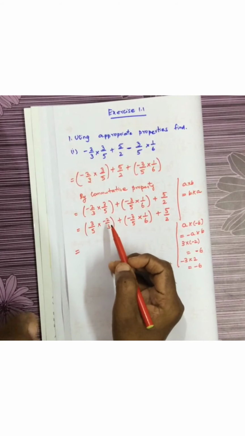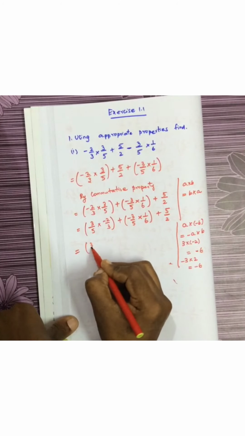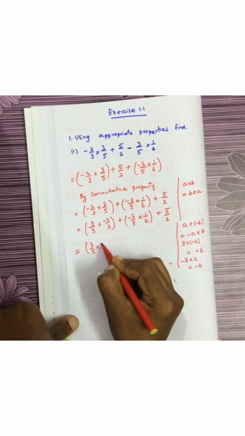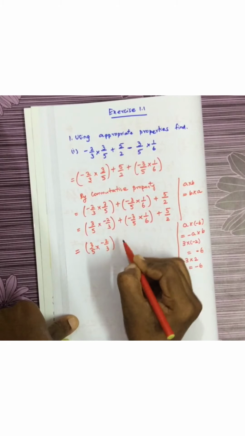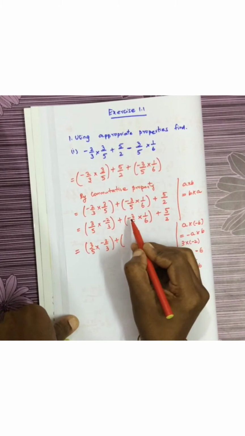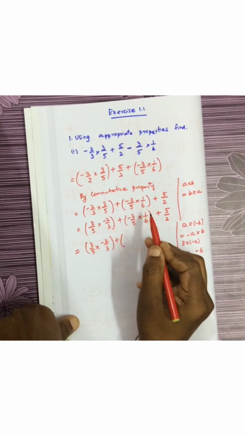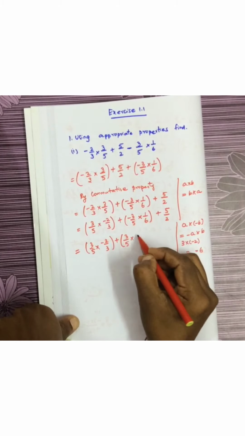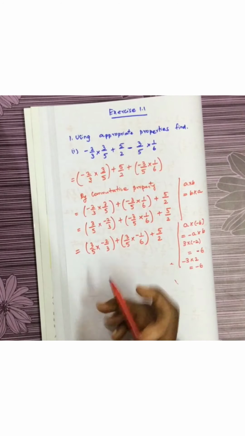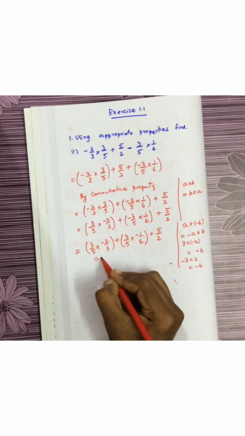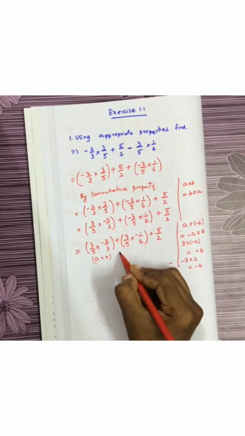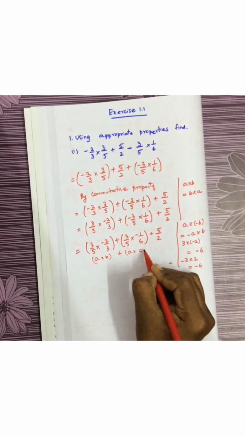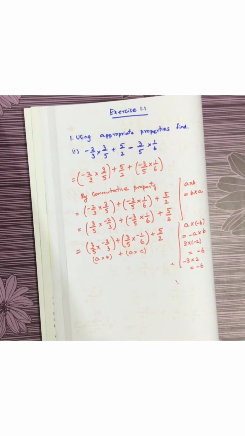So here I am writing the same 3 by 5 multiplied by minus 2 by 3 plus, I am going to shift this negative sign from here to here, 3 by 5 multiplied by minus 1 by 6 plus 5 by 2. Now it is in the form a multiplied by b plus a multiplied by c. What is this property?